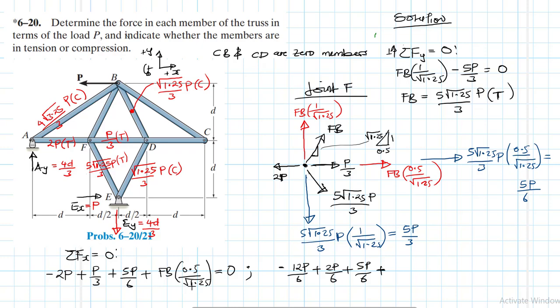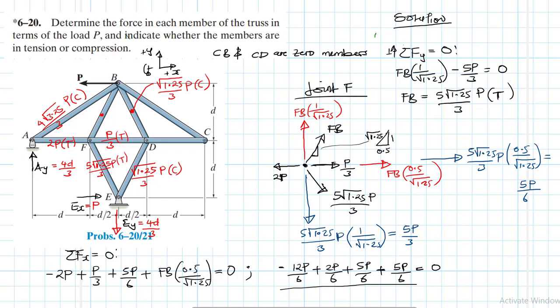So when it comes into here, root cancels out, 0.5 goes into there, therefore we remain with 5P divided by 6 equal to 0. So for sure this meets our criteria.